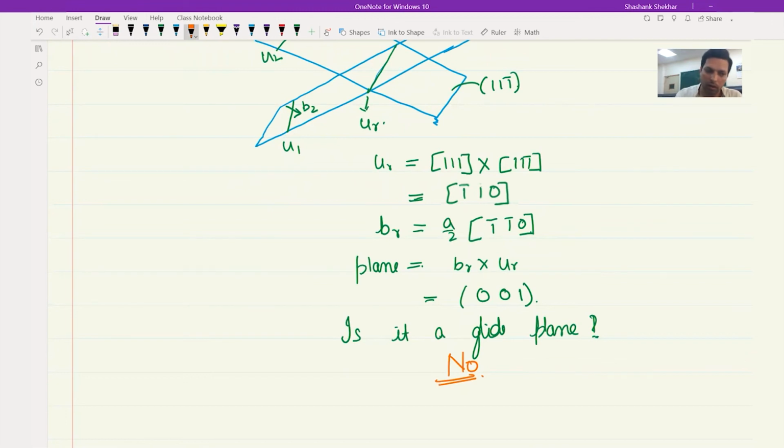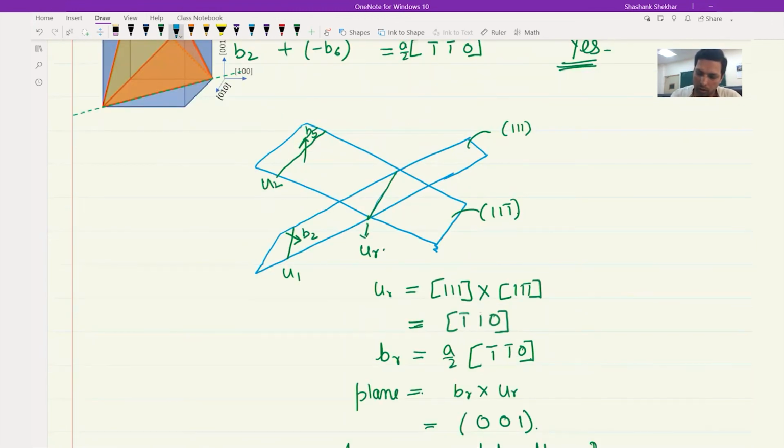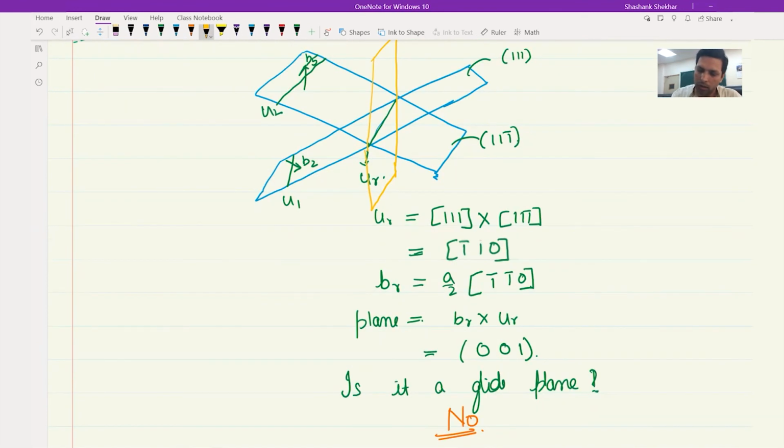So let me draw it. So it would look something like this. So this would be the glide plane over here, and the resultant Burgers vector would be probably somewhere over here.